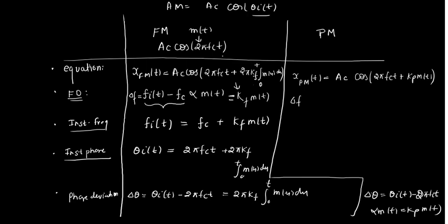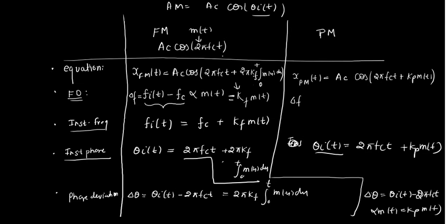So, theta i(t) for the case of FM is this. So, we replace theta i(t) by this and it becomes an FM signal. And if we replace the instantaneous phase theta i(t) with Kp m(t) equation, it becomes a PM signal, that we have discussed in our previous classes.